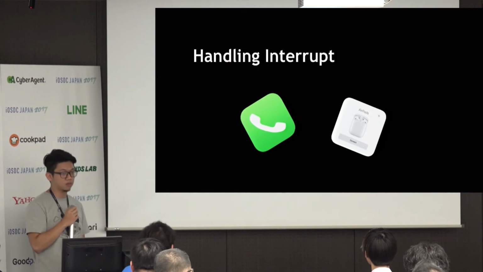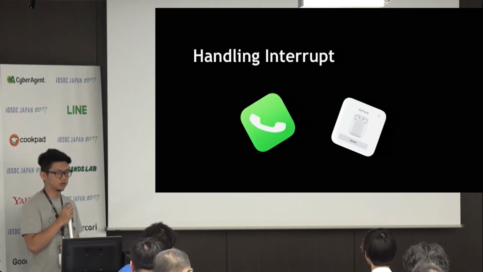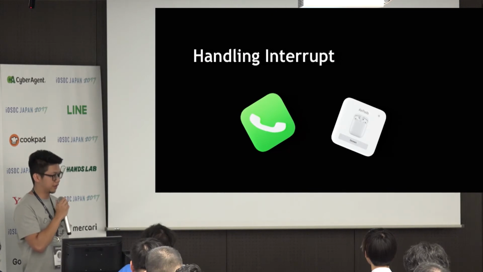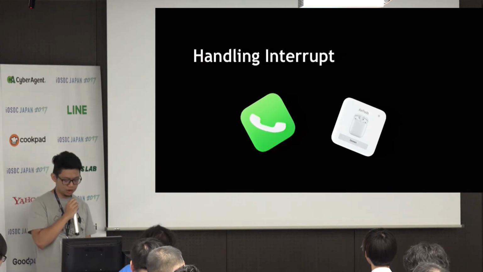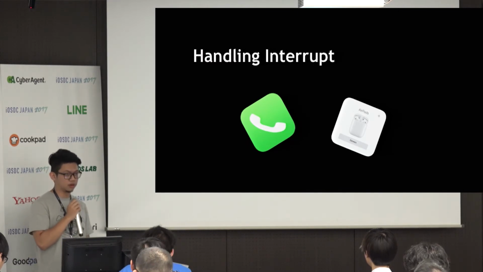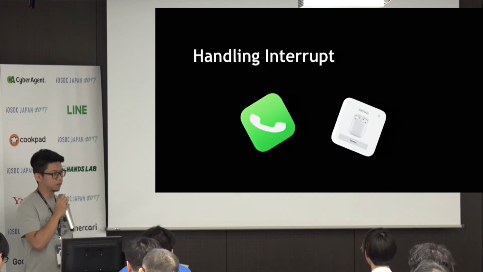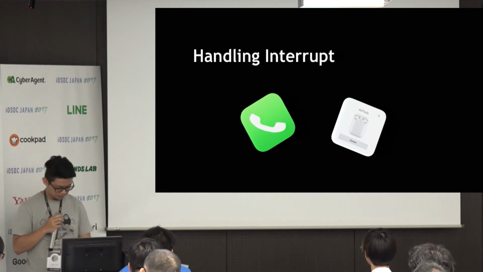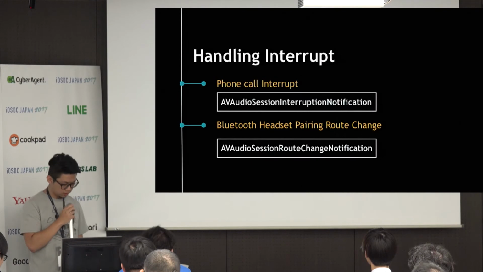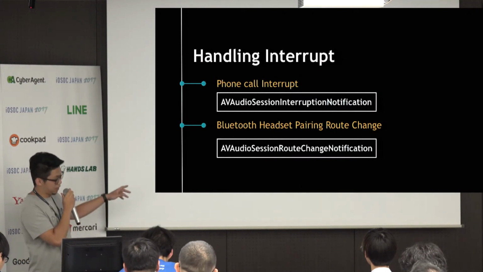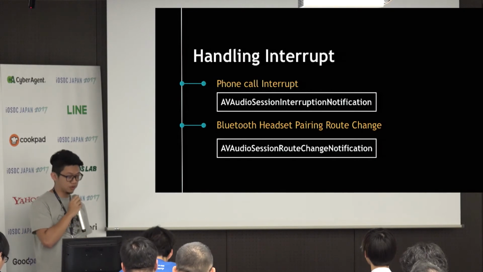Some of you might want to let the user resume playing after they pair their Bluetooth headsets. Then you should handle the route change event. And by the way, the system will pause the player as soon as the user unpairs their Bluetooth headsets. So please observe these two notifications to handle these interrupts.